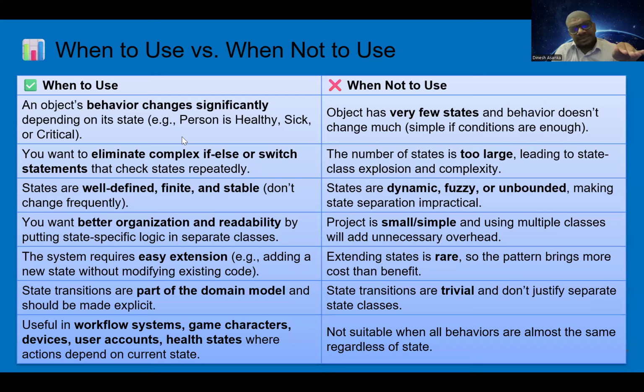So if your states are not clearly defined, that is not the place to use the state design pattern. If your states are not going to extend, and you are pretty sure they will stay as they are, then you should not use the state design pattern. And sometimes all behaviors are the same across different states. If that is the case, there is no point in using the state design pattern.